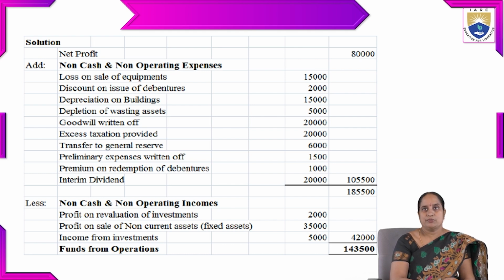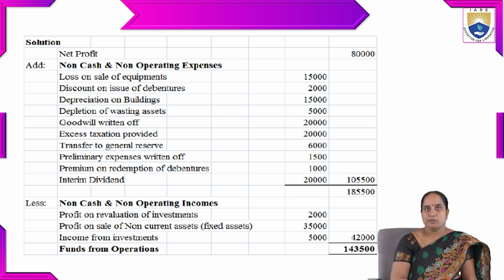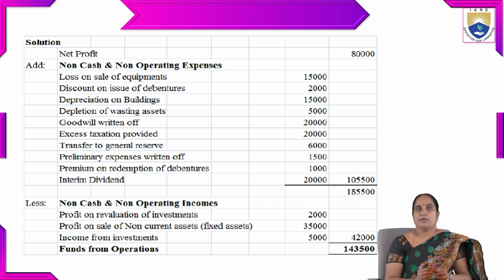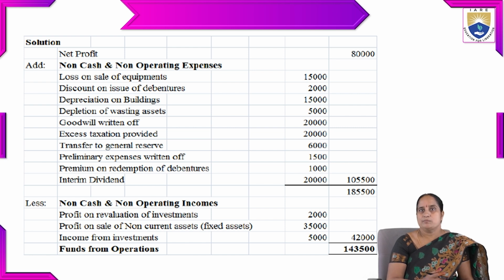First, start with the net profit, which is given as 80,000. Then we have to add non-cash and non-operating expenses, which include loss on sale of equipment, discount on issue of debentures, depreciation on buildings, depletion of wasting assets, goodwill written off, excess taxation provided, transfer to general reserve, preliminary expenses written off, premium on redemption of debentures, and interim dividend.